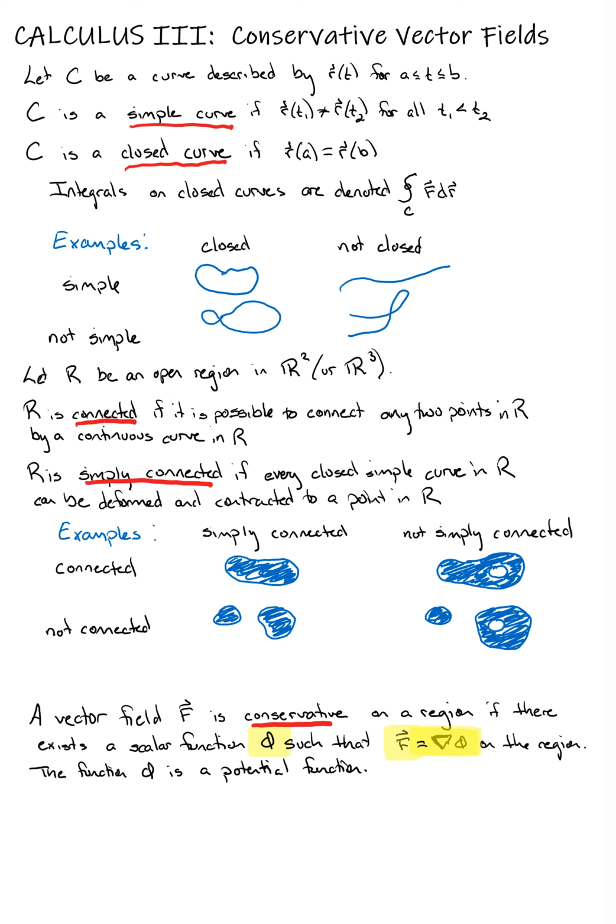And we call this function phi the potential function. We've heard this word before, but now we can connect it to our definition of conservative. So if I can find a potential function for F, then we'll call F conservative.